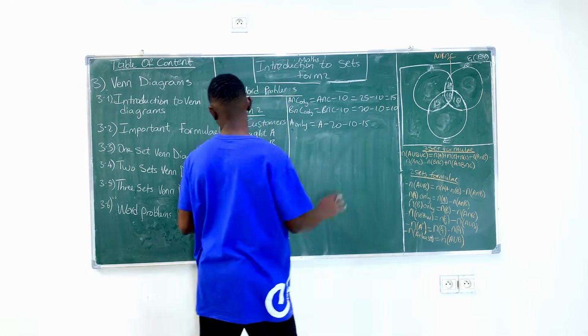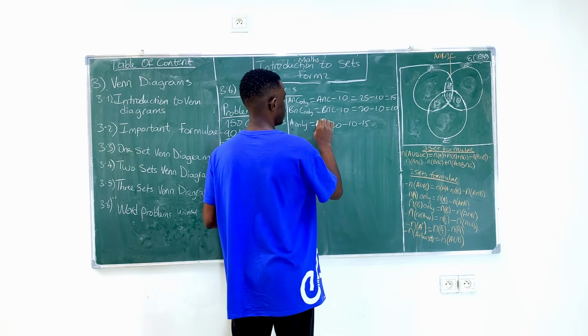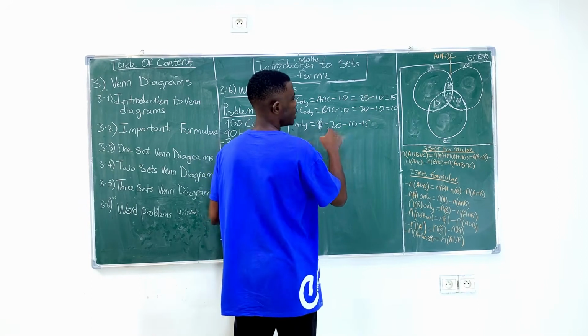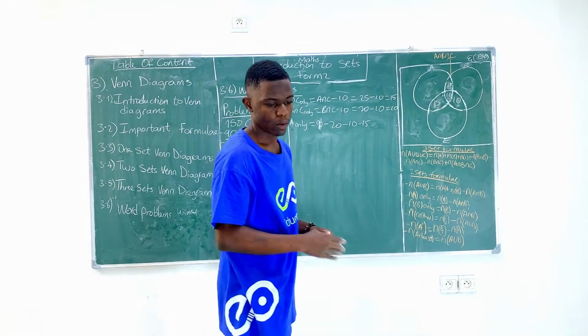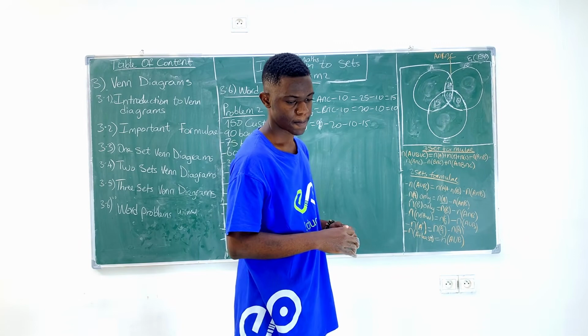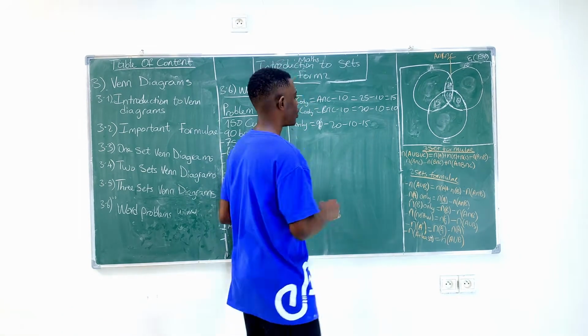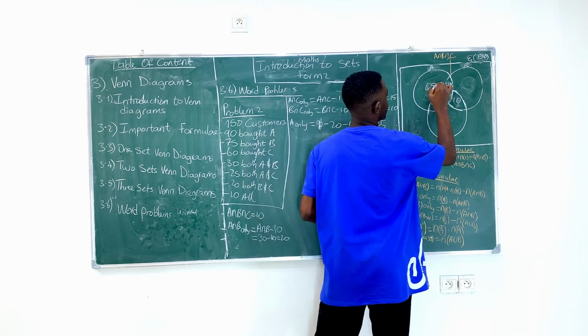What is our A? Our A is 90. Replace it by 90. 90 minus 20 minus 10 minus 15. What is that going to be? 45. So A only is 45.